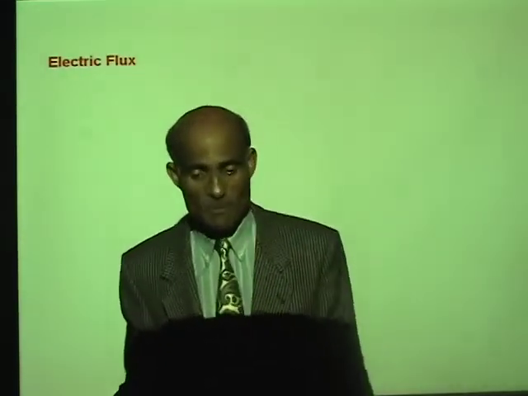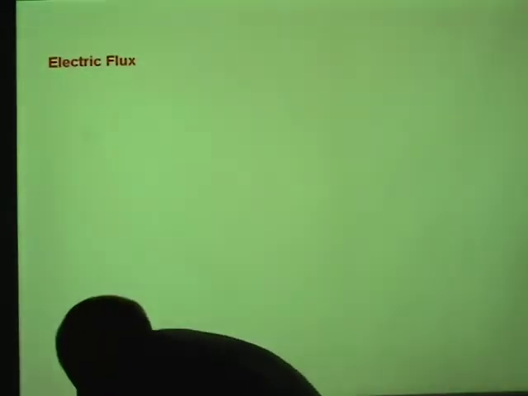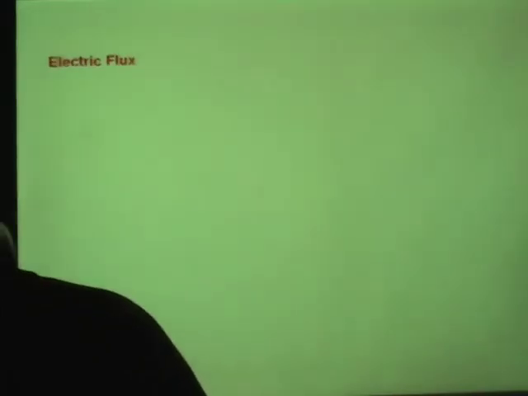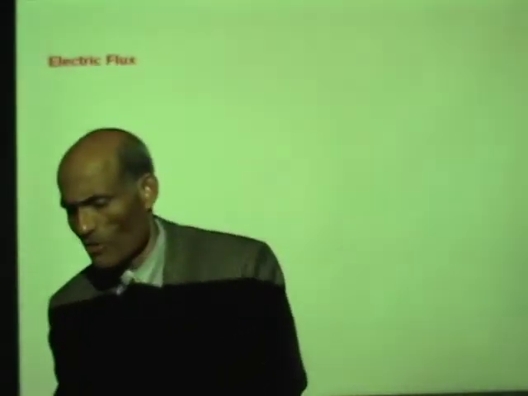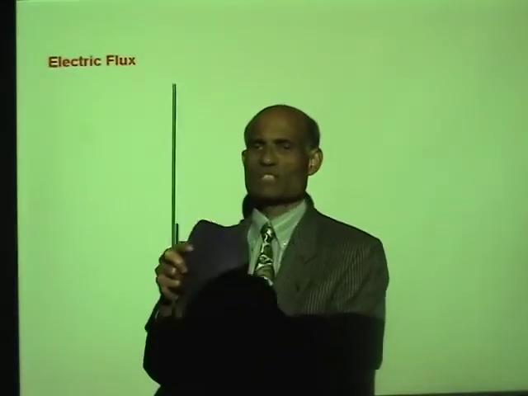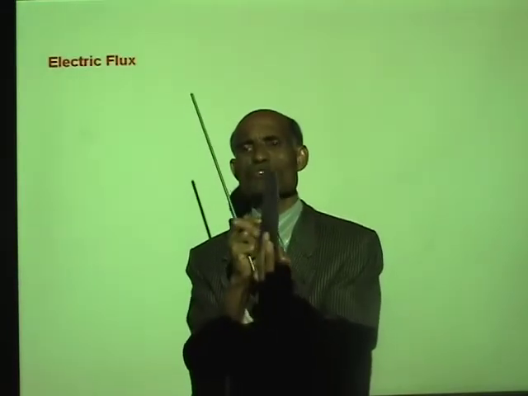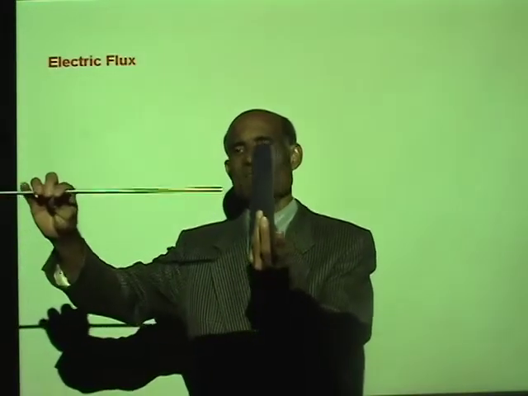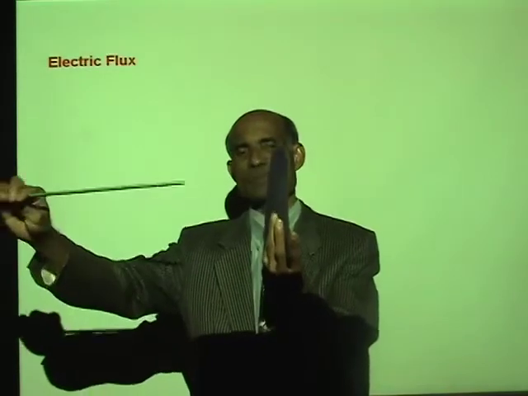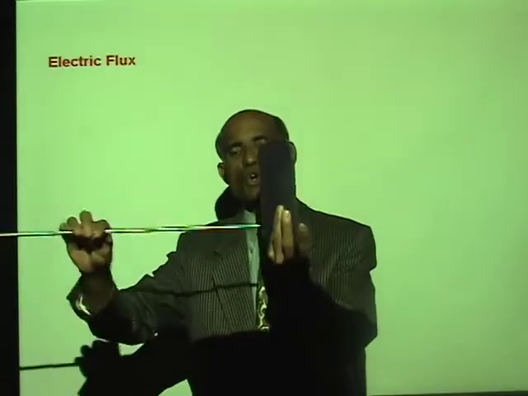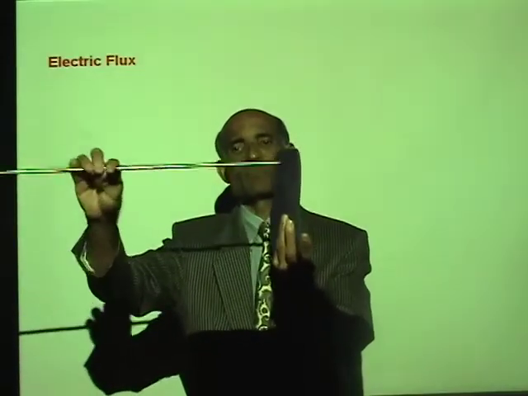Now, if I keep a certain area, I can find an area, well, let me look for an area. Now here I have a flat, you see this one here? If I keep it at right angles to the lines of force, the lines of force are coming like this. That means all the lines of force coming are crossing this area.